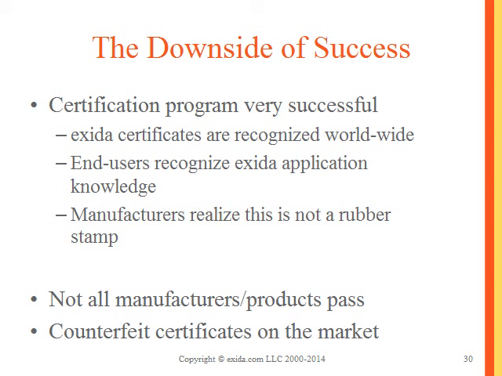Now, not all manufacturers or products will pass, and it's unfortunate to see that sometimes you do an initial assessment of a product and you find gaps in the development process, or you find that the product itself is not really compliant with requirements of the standard, and you issue a gap analysis and indicate, hey, these are the things that need to be improved in order for your product to be certified to 61508, and the company in question decided that they didn't want to go down that path, so they just simply self-certified and issued a certificate signed by themselves that their product was capable of, let's say, SIL 2 for IEC 61508.